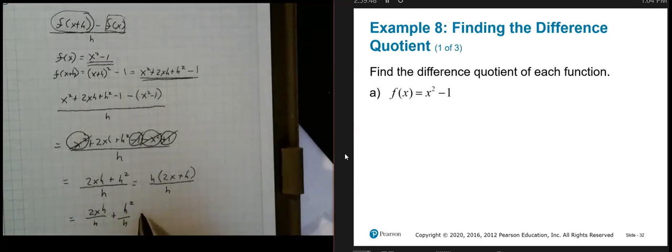It turns out that these two h's go to 1, and over here this h goes away with this h, and this h goes away with one of these h's up here, so it just leaves h up there. So in either case, I'm left with the expression 2x plus h.